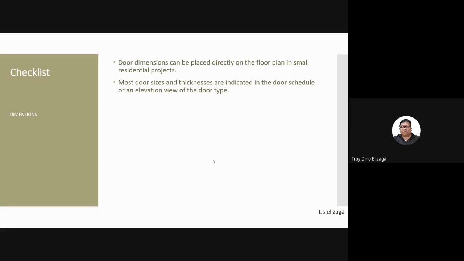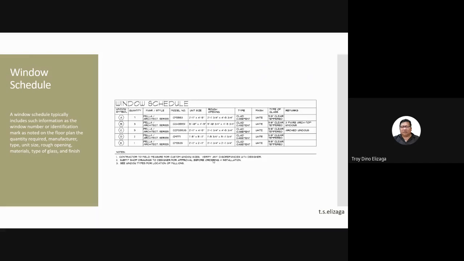It shows also the division of panels in the plan view of the door, and even puts in the dimensions. So it's not really necessary. What is expected is that there is a door schedule, and then you're supposed to see the detailed dimension in the door schedule. So the window schedule is the same.